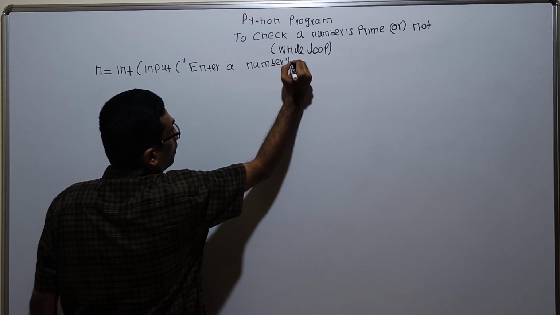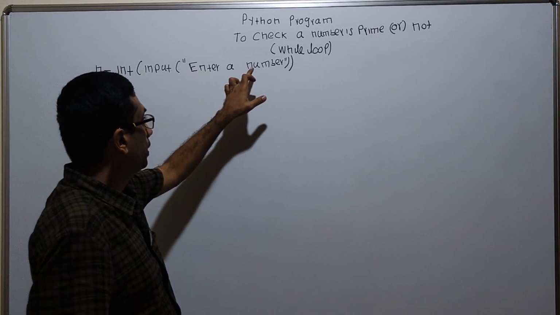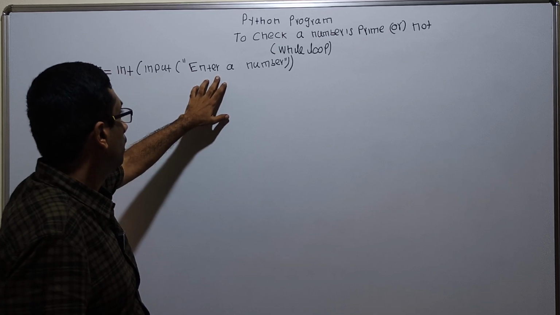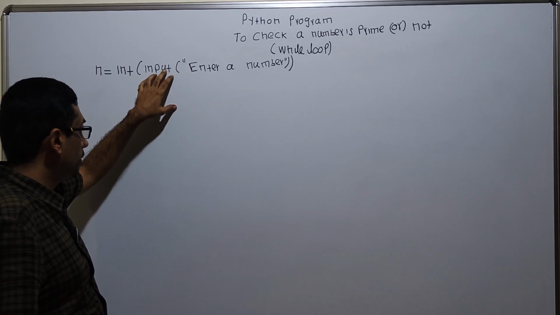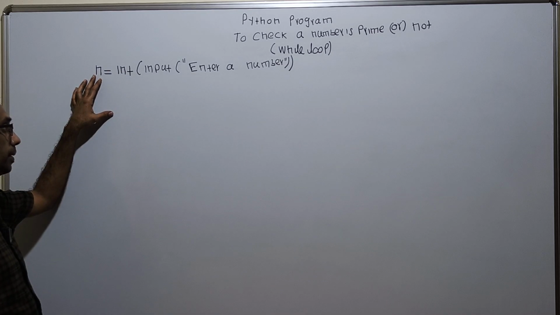I am closing the input statement and the int function. The input statement will display "enter a number" in the console. This is a string. When the user enters a number, the input statement receives it as a string, the int function converts it to an integer, and it is stored in the variable n.